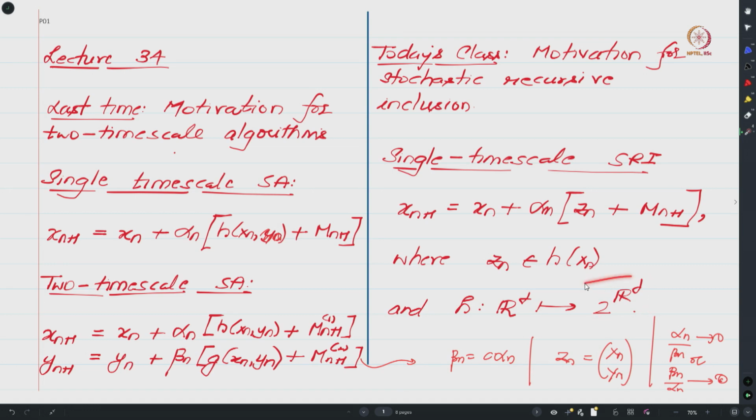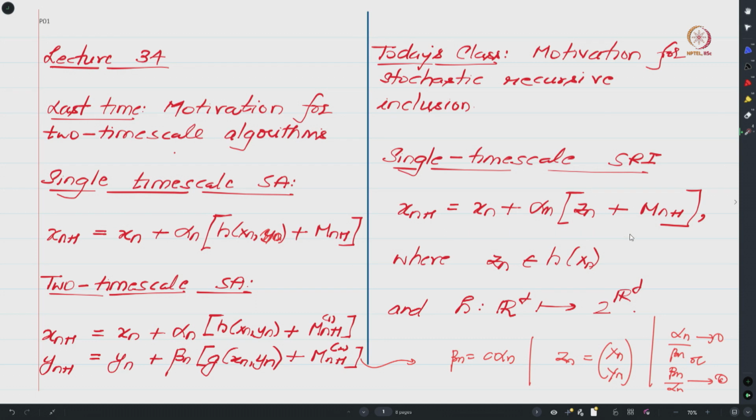So this notation over here represents the power set, which basically implies that for every input x in Rd, h of x is actually a subset of Rd. So in that sense your stochastic recursive inclusion allows us to study set valued dynamics. And in today's class we will try to understand why we would want to study set valued dynamics in a very specific context.